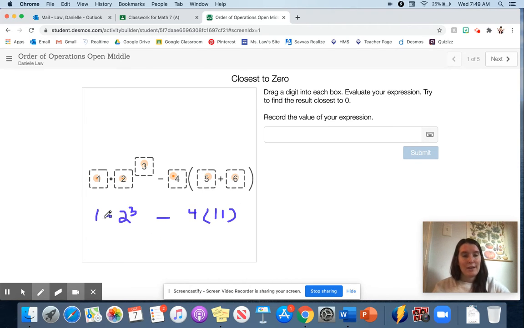All right, so now I see I have multiplication, exponents, subtraction, and multiplication. Well, I already did parentheses, so next would be my exponent. So I'm going to ignore the multiplication right now. 2 to the third, remember, doesn't mean 2 times 3, it means 2 times 2 times 2. 2 times 2 is 4, 4 times 2 is 8, so 2 to the third power gives me 8 minus 4 times 11.